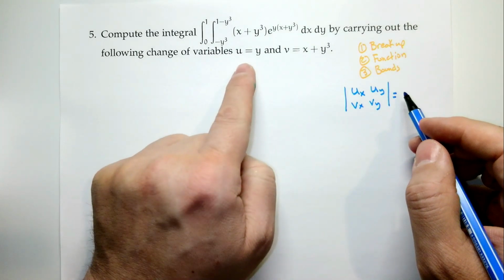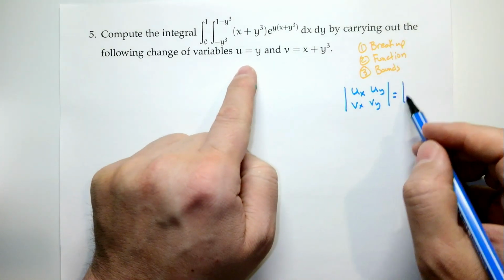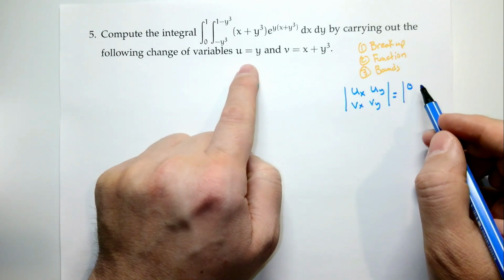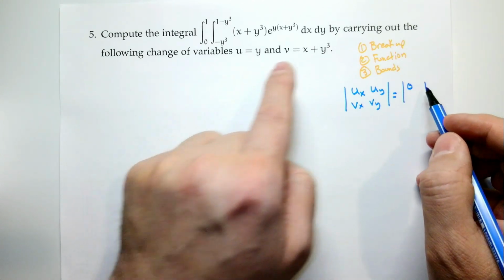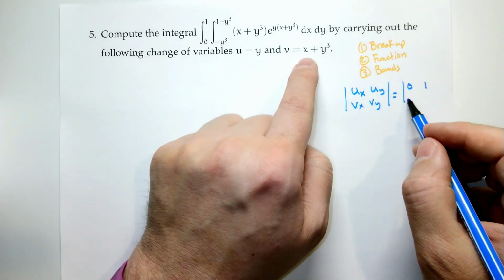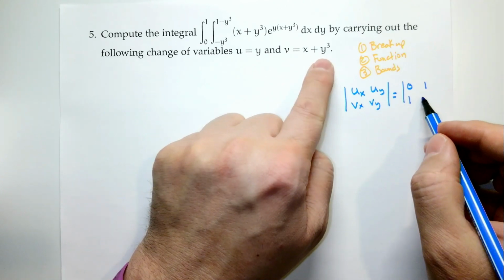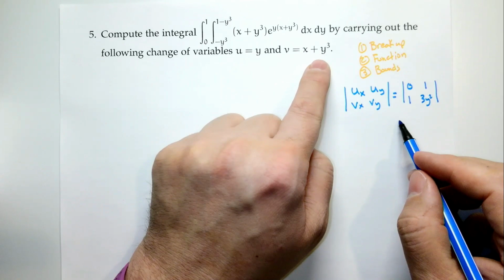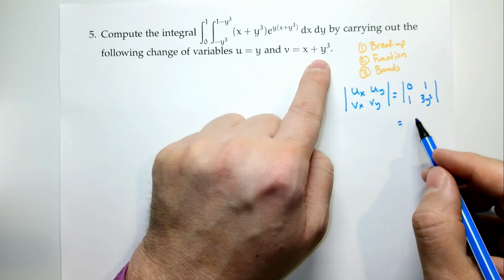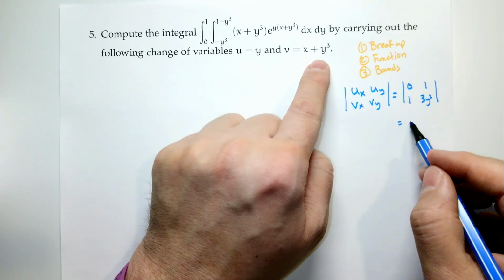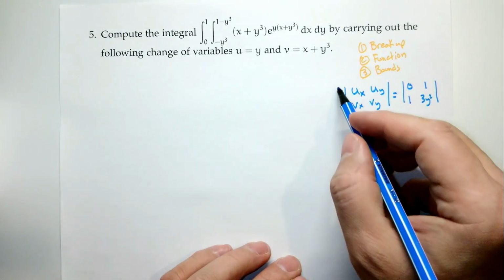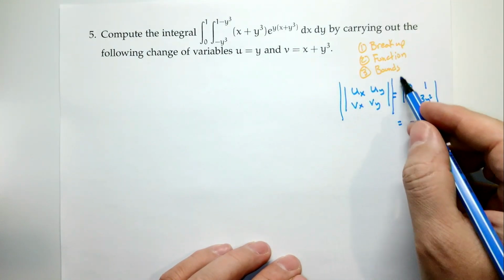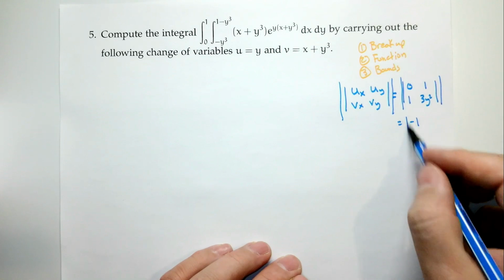So, u sub x, well, there is no x, so 0. u sub y, 1. v sub x, well, 1. v sub y, 3y squared. So this determinant is 0 minus 1, negative 1. But remember, secretly, there's always an absolute value floating around.